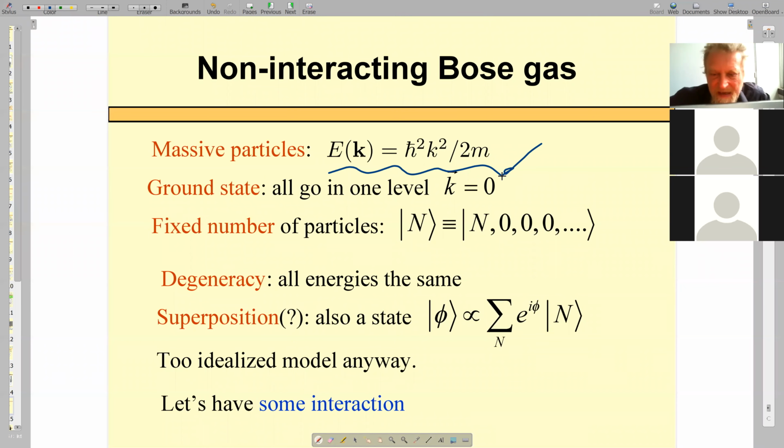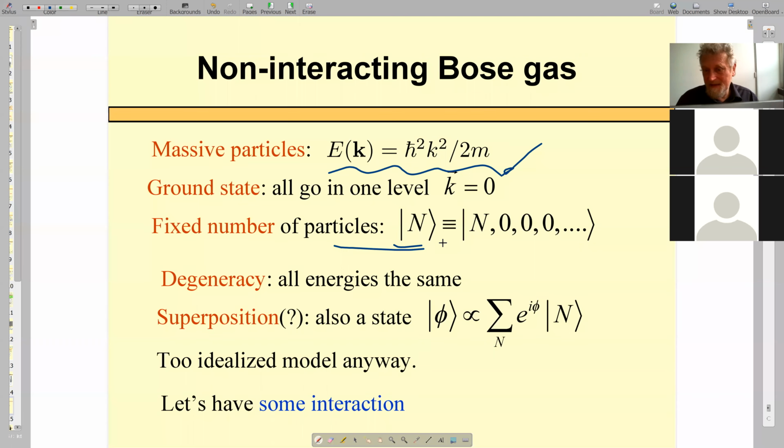There could be as many bosons as they want in a given state. Fine. So with fixed N, this makes a state with a fixed number of particles. A good point is to notice that the energy of the system does not depend on the number of particles, so all energies corresponding to different N are the same.